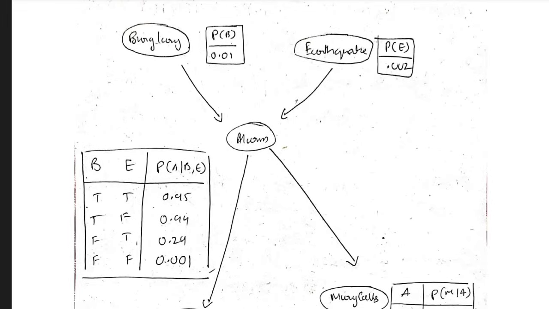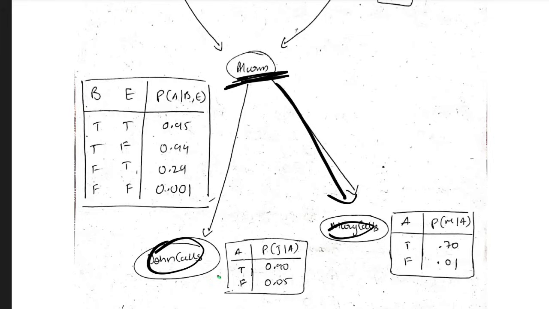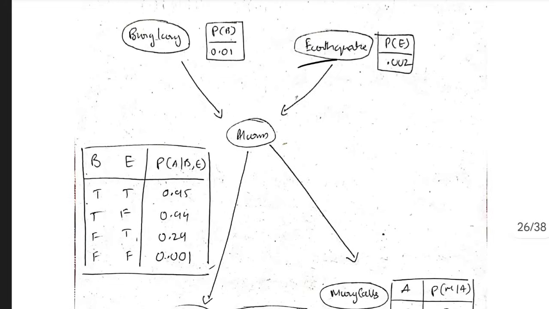When burglary and earthquake happen, the alarm will be sounded. So alarm is dependent upon two events, burglary and earthquake. And the call made by Mary and the call made by John are dependent upon the event alarm. If John hears an alarm, he will make a call to the owner of the house that there is a burglary in your house or an earthquake has happened.